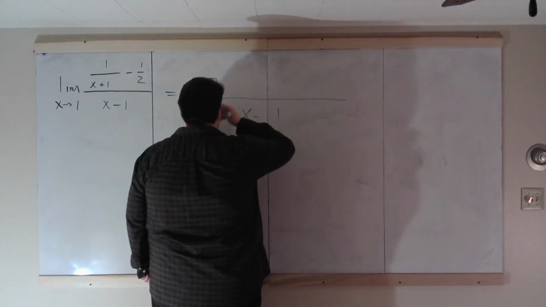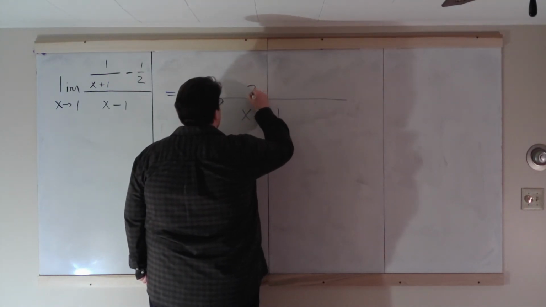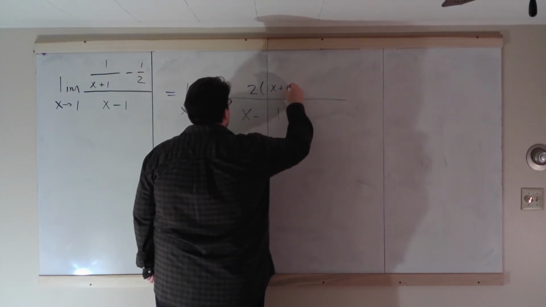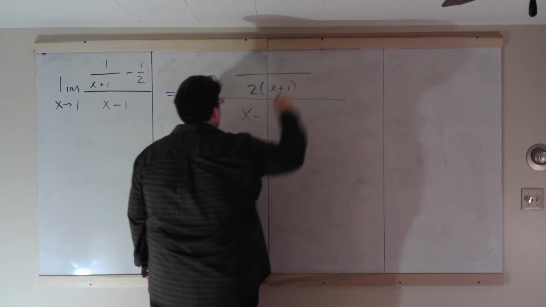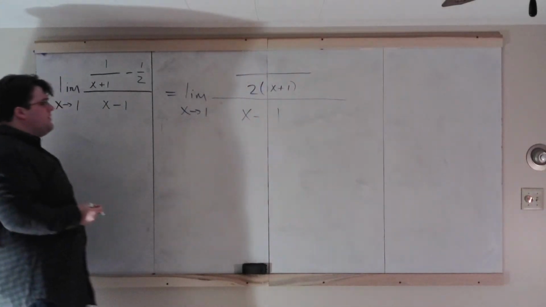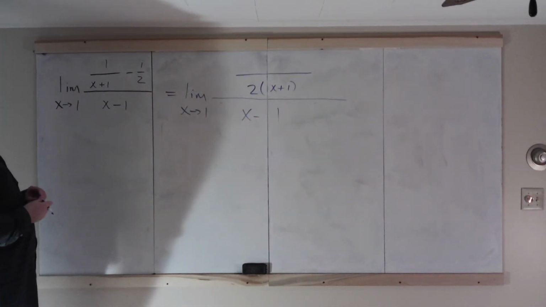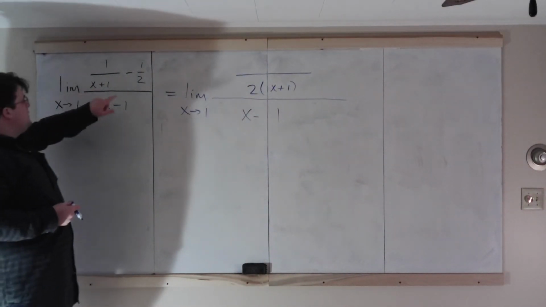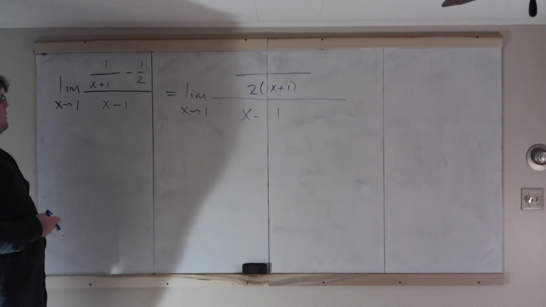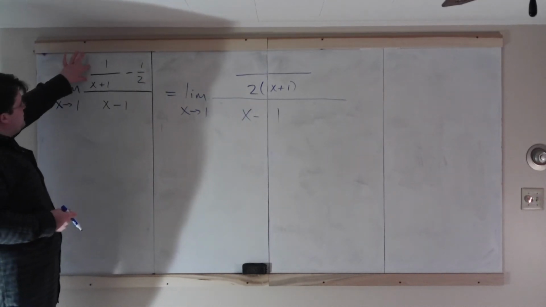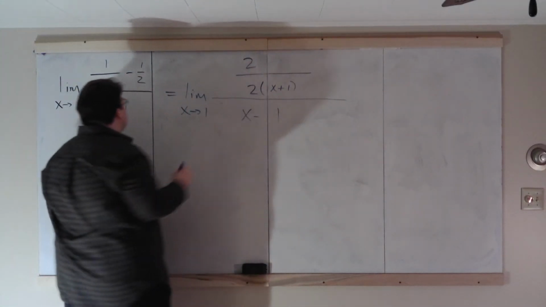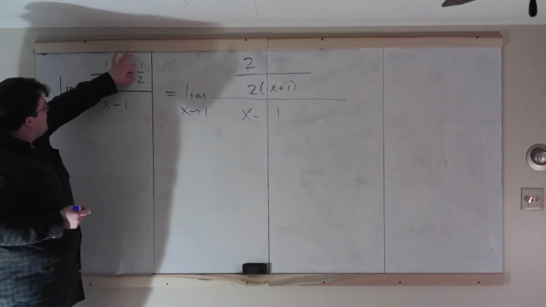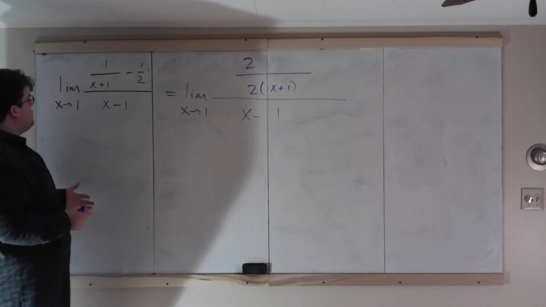Well, we can combine the fractions by finding a common denominator. The common denominator in the numerator is the 1 times the other, so 2 times x plus 1. To get that common denominator in this first piece, we need a 2. So 2 times 1 is 2. To get that common denominator on the second piece, we need an x plus 1.